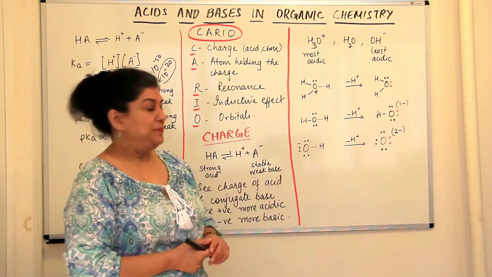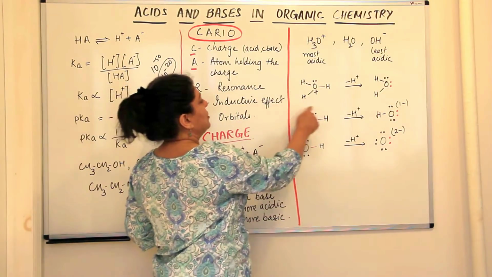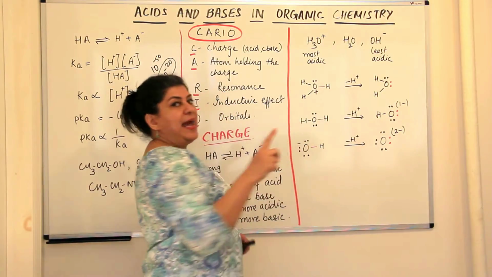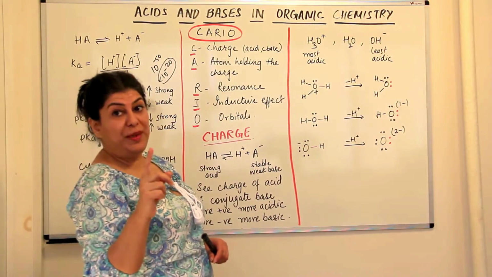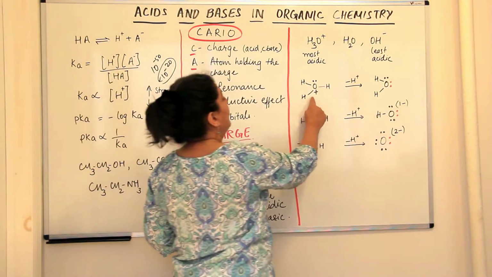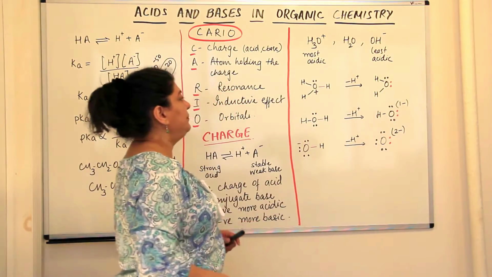If we write their structures like this, H3O positive is H2O in which one H positive has been added. Since H positive means there is no electron that it is bringing with it, H3O has a positive charge on this oxygen.